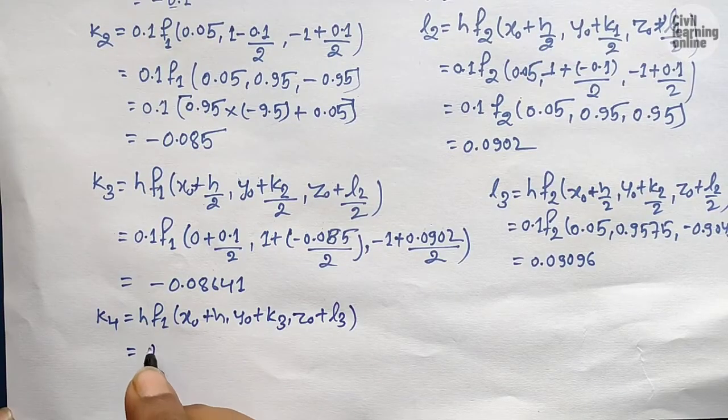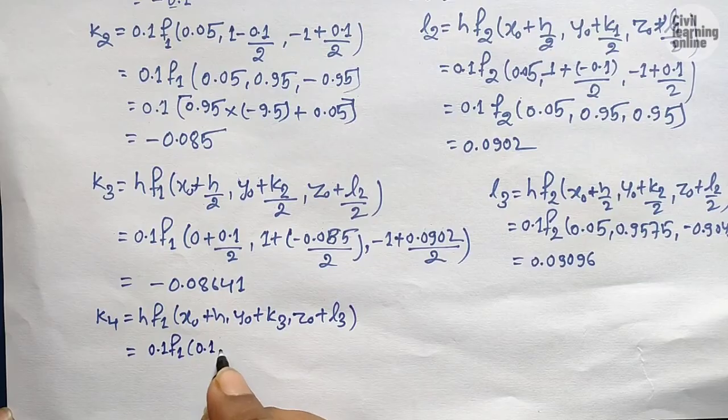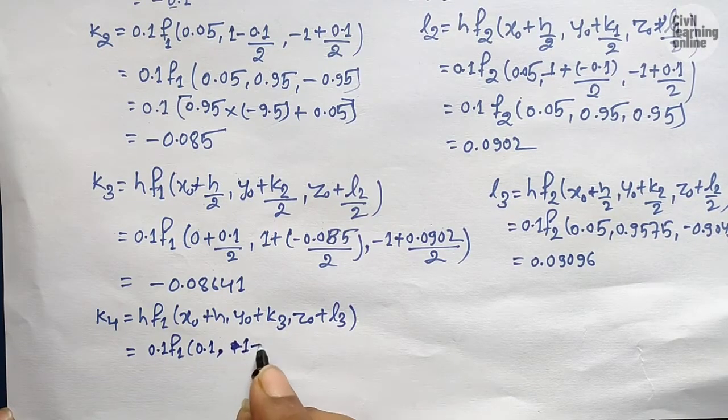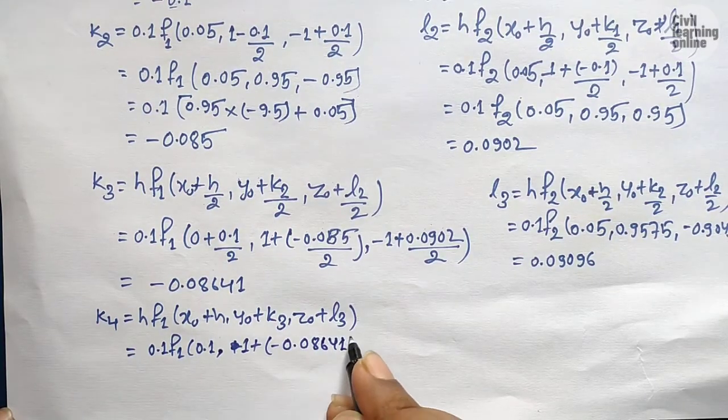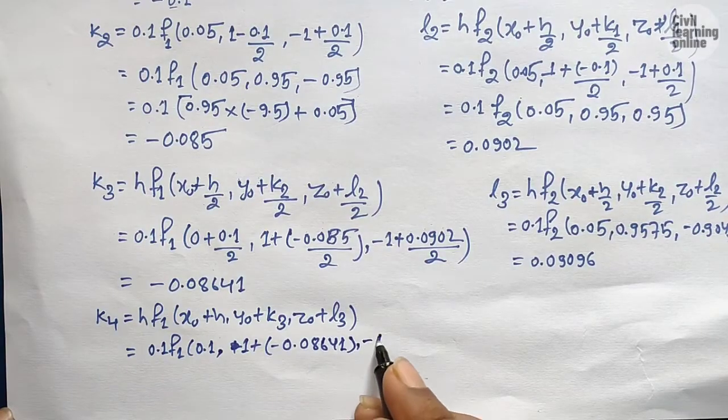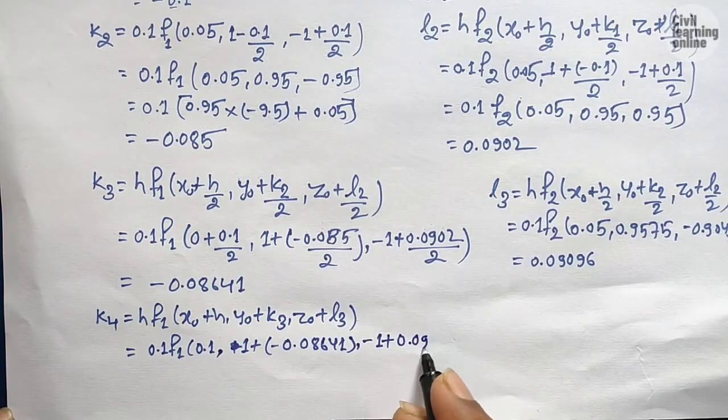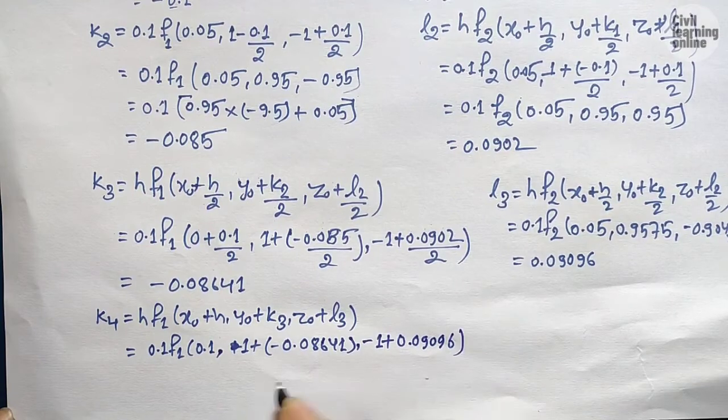Put the values here: 0.1 f1 (0.1, 1 + (minus 0.08641), minus 1 + 0.09096), and from here we will get the value of k4 equal to minus 0.073048.